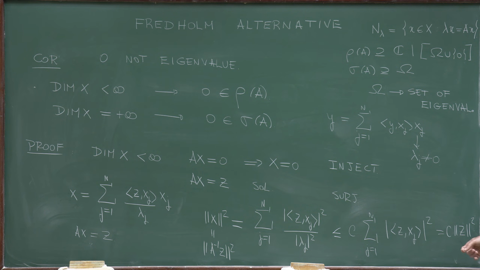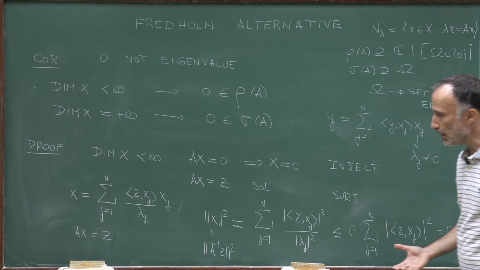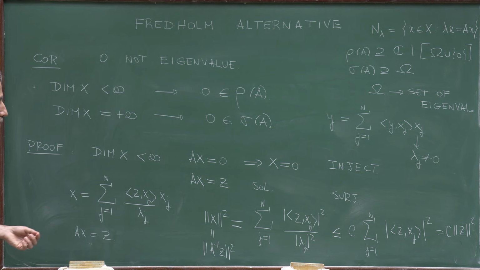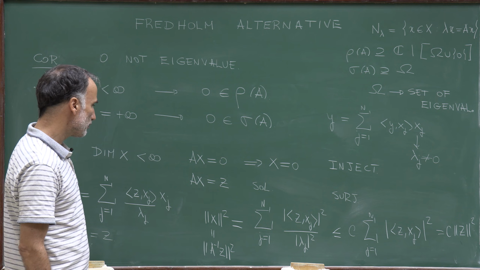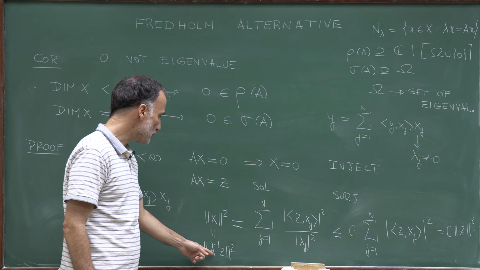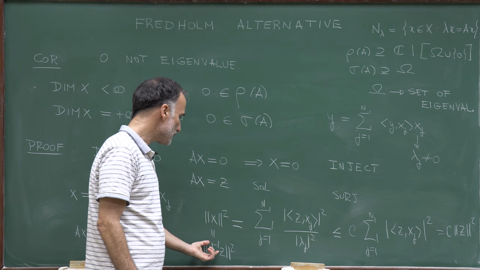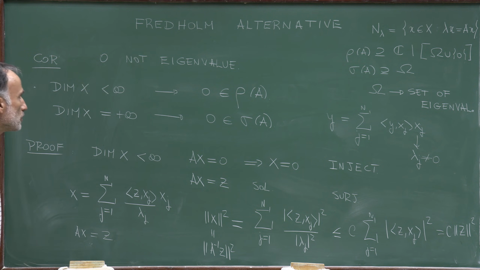So this proves that indeed A minus 1 is a bounded operator, and therefore that 0 belongs to the resolvent of A, because 0 minus A inverse is a bounded linear operator. So this proves the corollary in the case in which the dimension is finite.